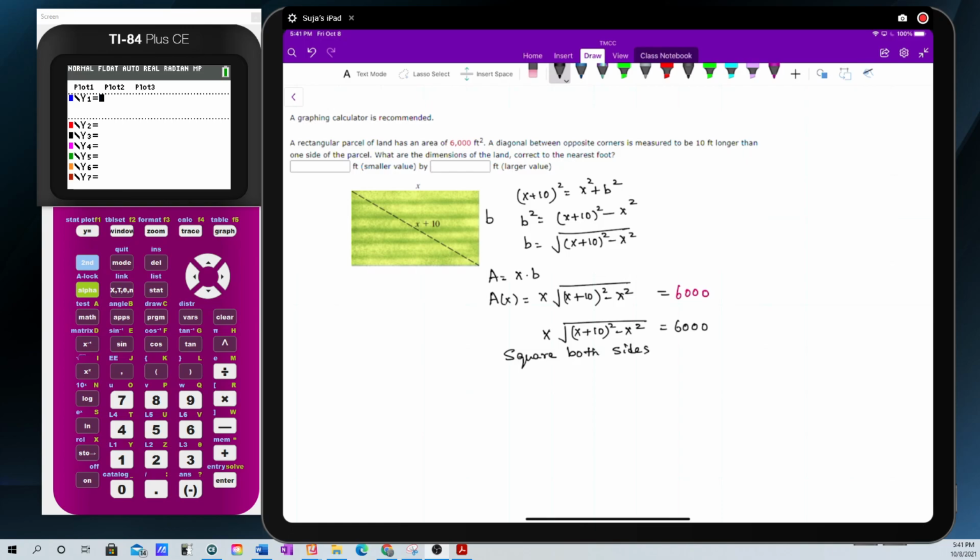The left hand side would be this quantity squared, and the right hand side would be that quantity squared. So this is going to make my left x squared times x plus 10 the whole squared minus x squared. The radical disappears, and it is equal to 36,000,000.